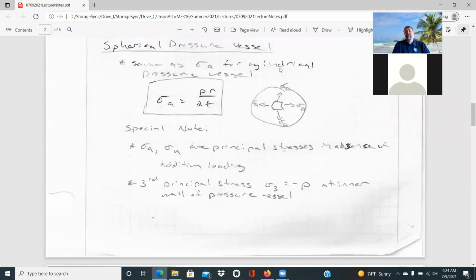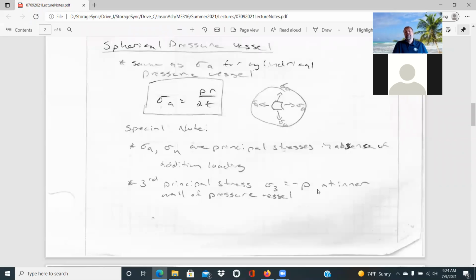But when you look at the hoop stress, PR over T, again, R over T is going to be greater than 10 for a thin-walled case. So your hoop stress is at least 10 times greater than your pressure, and your axial stress is at least 5 times greater than your pressure.